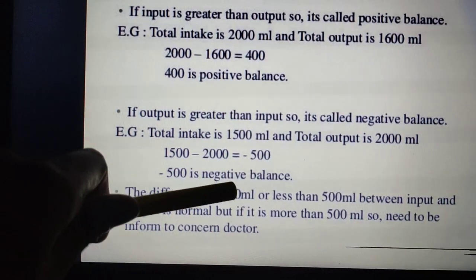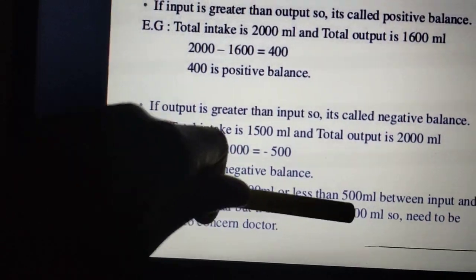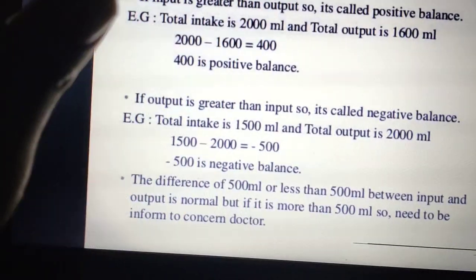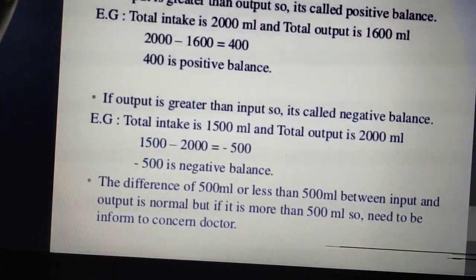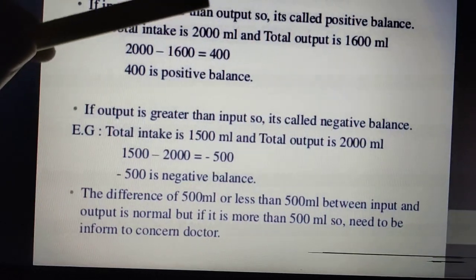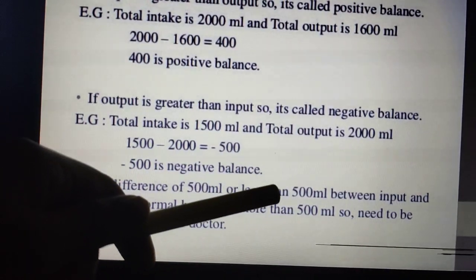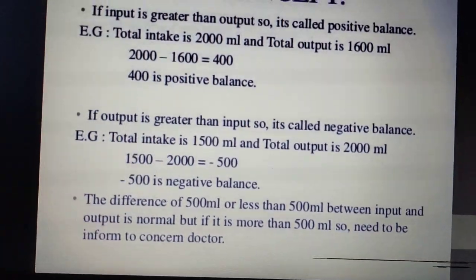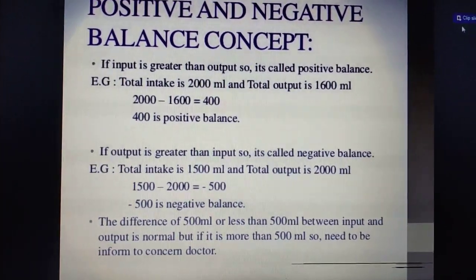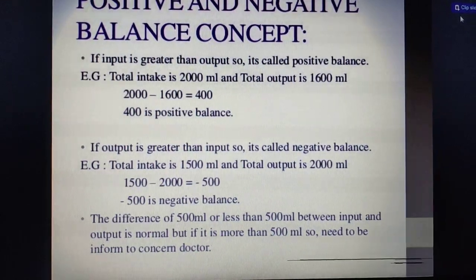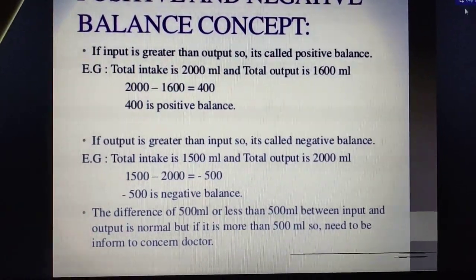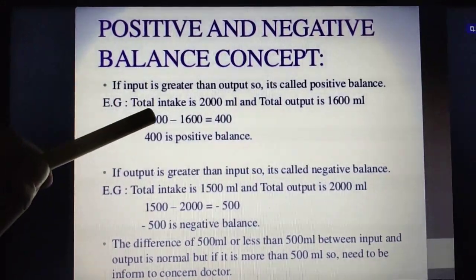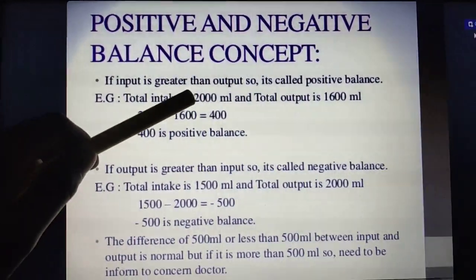See, a difference of 500 ml less or more between the input and output is normal. It is normal only. Clear? If it exceeds 500, that condition we call abnormal. We have to consult the doctor. Understood? Any doubts? It is very simple. So once again I will tell you, if the input is greater than the output, then we call it positive balance.